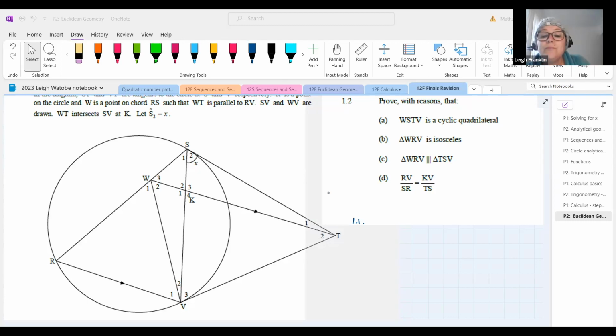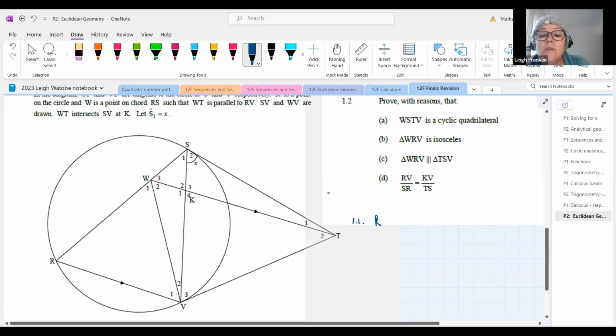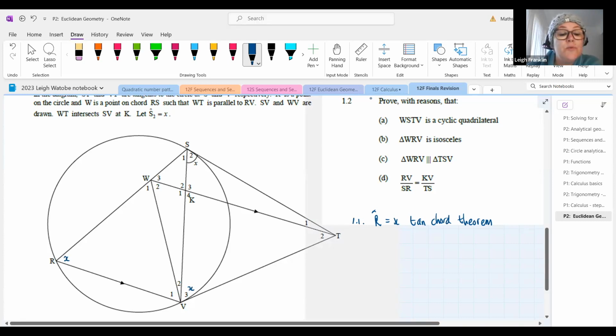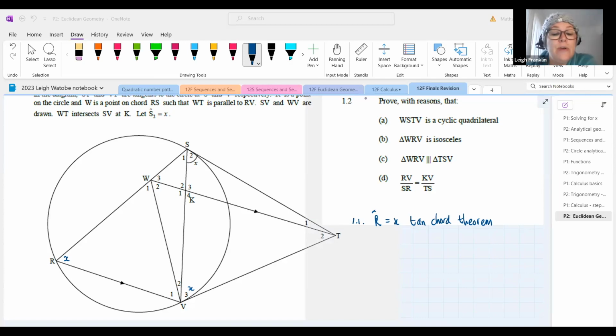Okay, so Tsegofatso said angle R will be equal to X because of tan chord theorem. Can everybody else see that? The angle between the tangent and the chord is equal to the angle in the alternate segment, so that would be R. Then angle V3 was mentioned. So this is X. This would also be X. So let's just get that down.